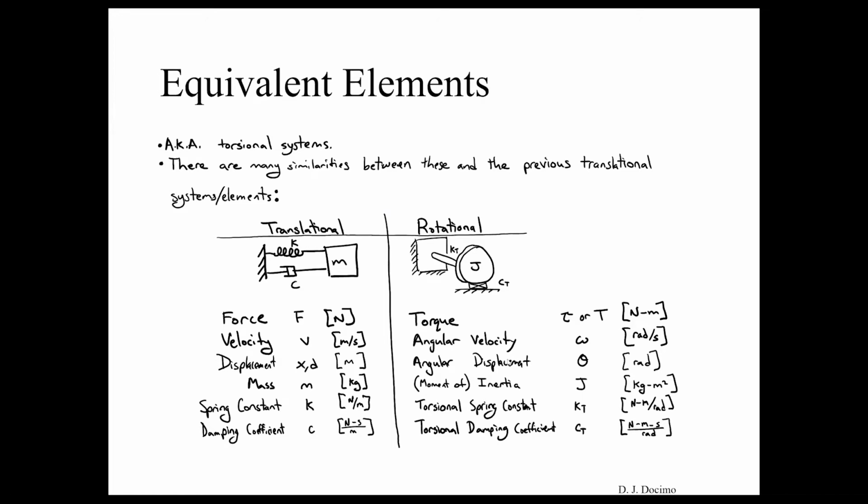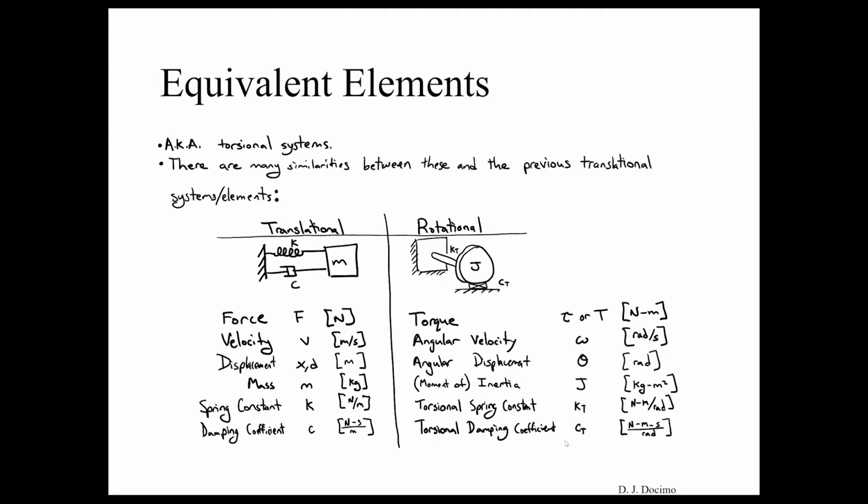Our velocity will be equivalent to angular velocity, omega, which is in radians per second. Our displacement or deflection or deformation, that is x or d, with the units of meters. Now we have an angular displacement, which is going to be theta. Our masses are related to inertias, which are represented by J's. Our spring constants are related to torsional spring constants, KT's.